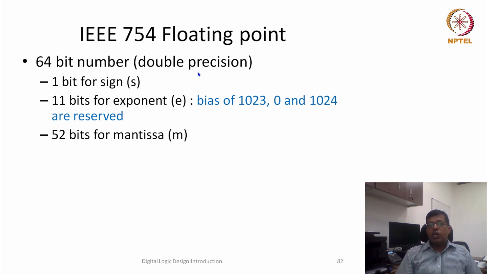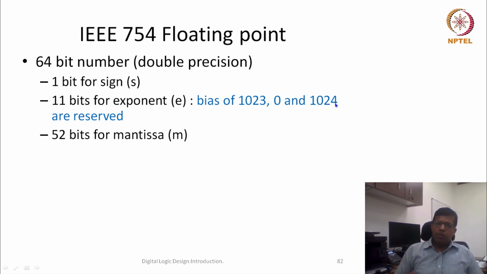Now, in the case of a double precision floating point number, the number of bits we have is 64. Out of the 64 bits, 1 bit is assigned to sign, and then the IEEE standard says that 11 bits are reserved for the exponent. Here 1023 is the bias, and 0 and 1024 are reserved.